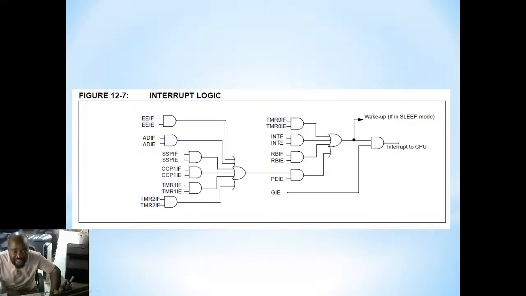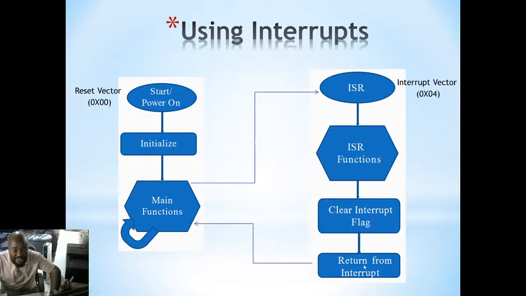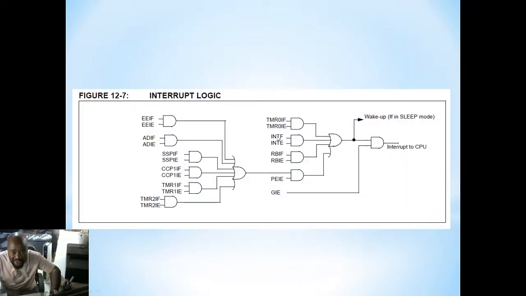We are going to clear this flag before we return from interrupt, so that when this is 0, the output of that AND gate is 0. You OR 0, assuming that all of these are going to be zeros because we disabled them. ORing with a 0 there, you get a 0. But even if we enabled the global, that 0 there makes sure that we don't go to interrupt.